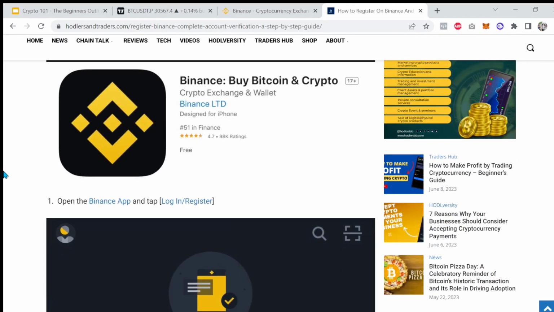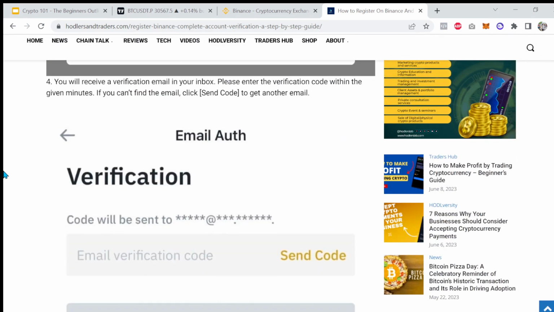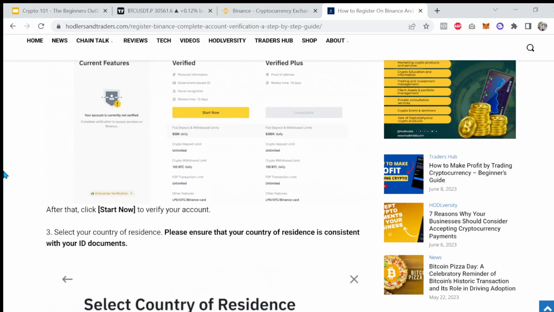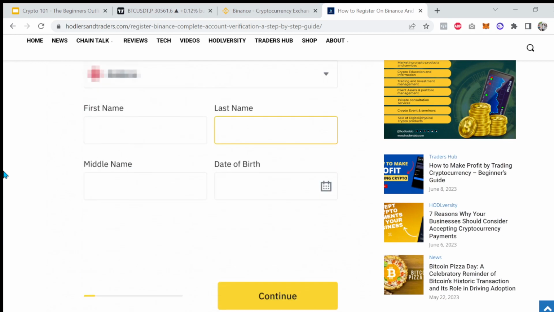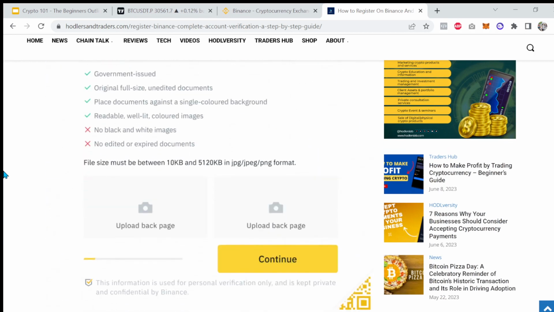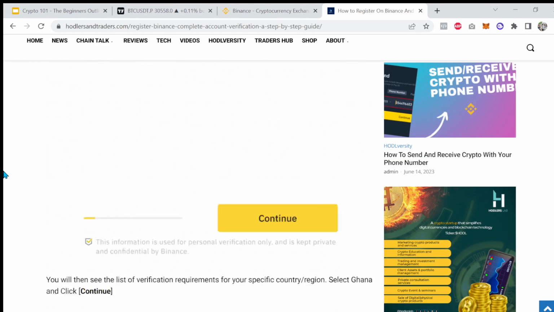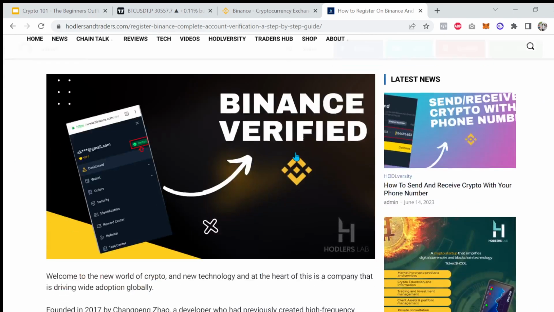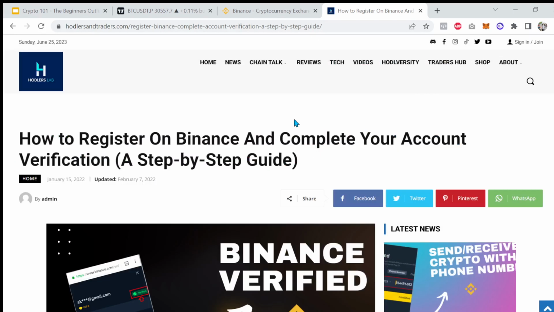We talked about the KYC and all the steps you need to go through to verify your account with Binance. It's a very simple, straightforward tutorial. You can come on our website once again and just look for verification on Binance, and this article should pop up and you can take a look at it. So this is a very simple way to sign up on Binance.